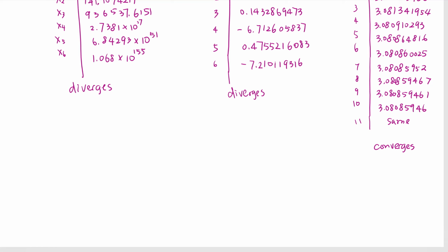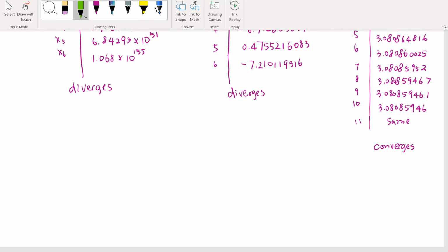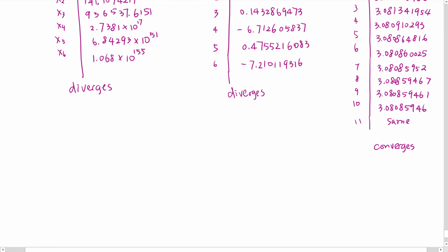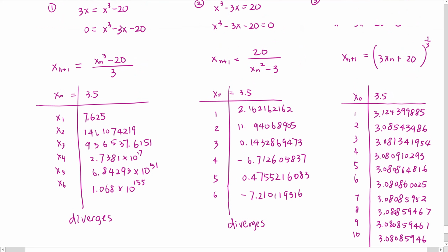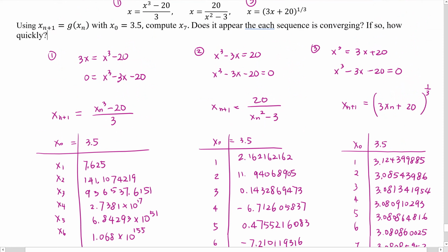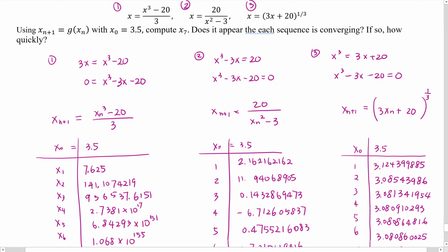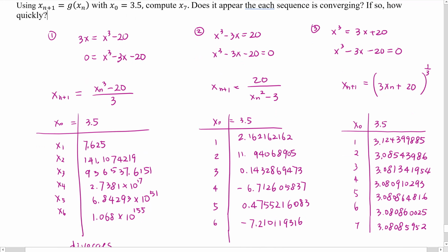I also want to chat with you about what happens if we calculate G prime and G prime prime, because those are going to be our rate of convergence and order of convergence, right? So let's see here. Let's use green. The first one, G of x is x cubed minus 20/3.